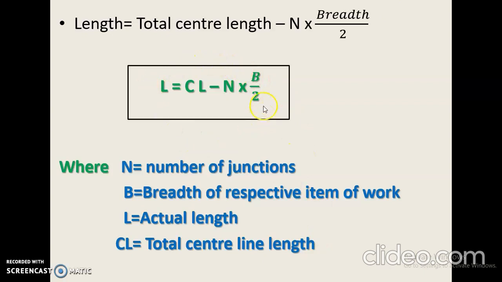So L is equal to CL minus N into B by 2: total centerline length minus the number of junctions into the breadth of the respective item of work divided by 2.